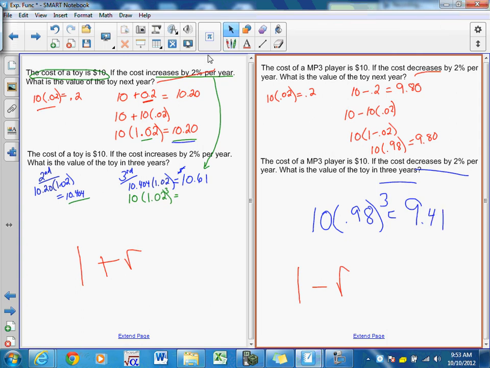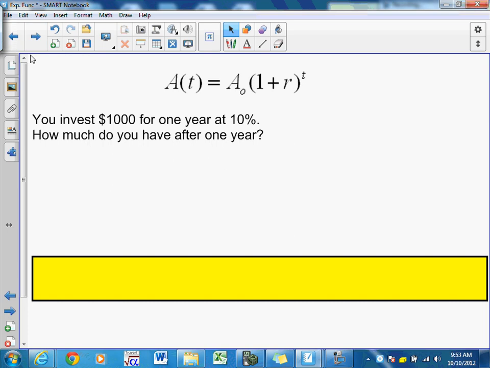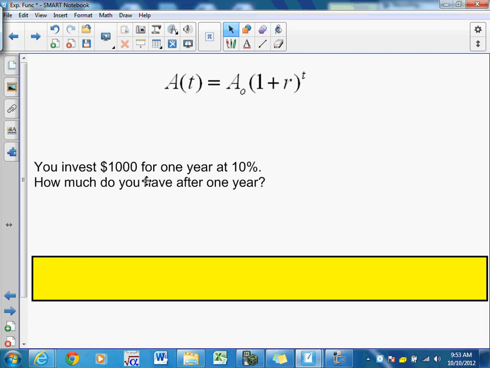Now, the formula we're going to use for this is this formula right here. A of t equals A naught times 1 plus r to the t. Now, A naught is our initial amount.